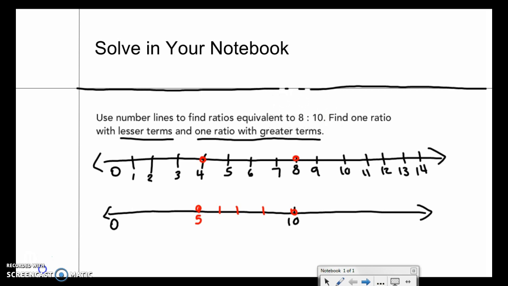Now, what if you were to multiply these two numbers? What if you were going to multiply 8 times 2? Well, that'll give us 16. So here somewhere. And 10 times 2 will be 20. All of those are the same ratio.